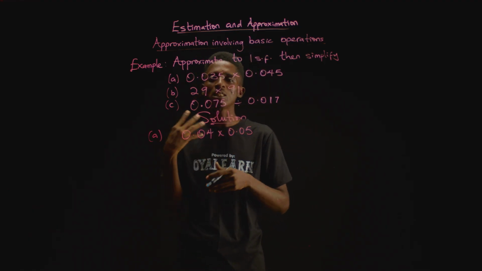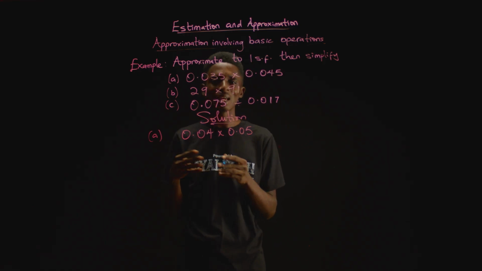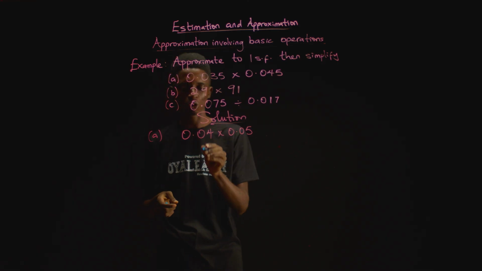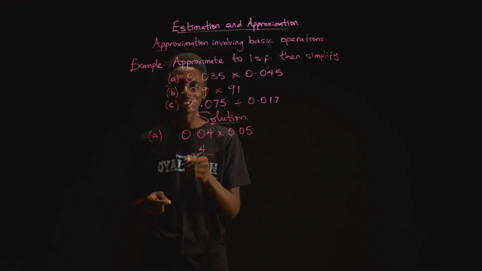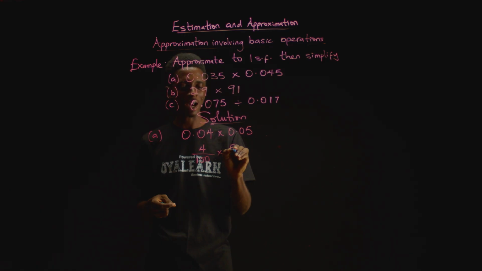Now you can multiply this anyhow you see fit. To simplify this, you can use different methods. You multiply straight, or you write them as fractions and then multiply. To write this as a fraction, since we have 2 places after the decimal point, it is 4 over 100 multiplied by 5 over 100.